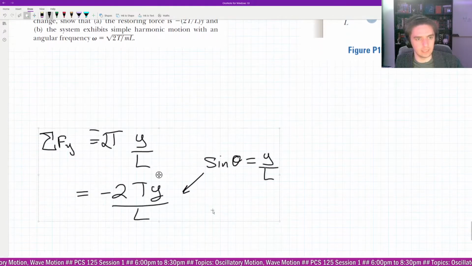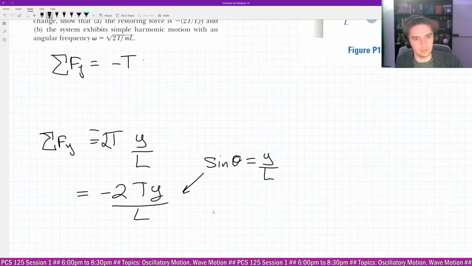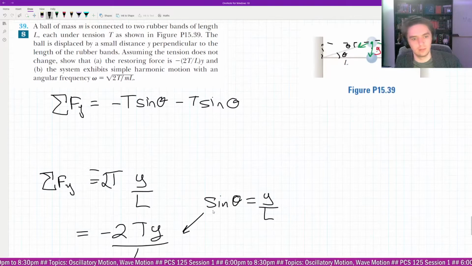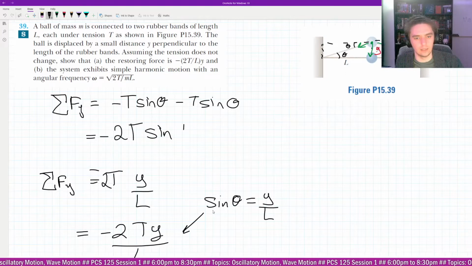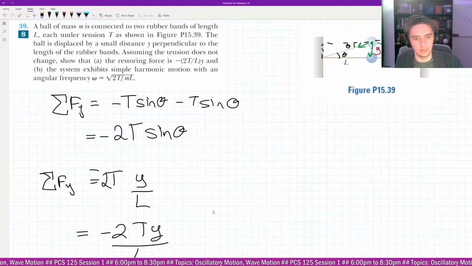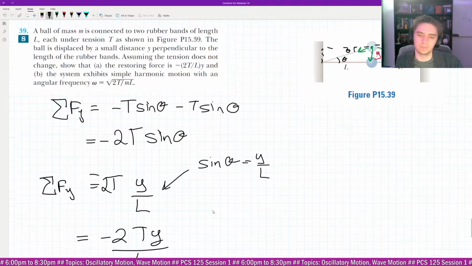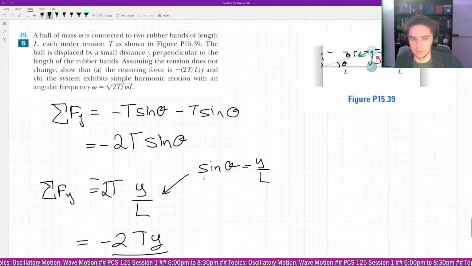Yeah, pretty much what I did was I said the sum of forces in the y direction is negative T sine theta minus T sine theta. And then this was negative 2T sine theta. And then I used sine theta equals y over L here. Does that make sense?